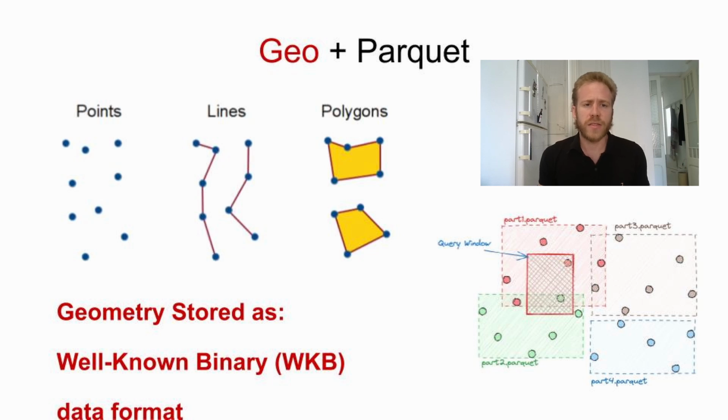GeoParquet extends Parquet by introducing a few important things. First, it defines how to encode geometry data in a Parquet file. Geometry columns are stored in a binary format within the Parquet structure rather than as text. Second, GeoParquet adds standardized metadata for spatial info.